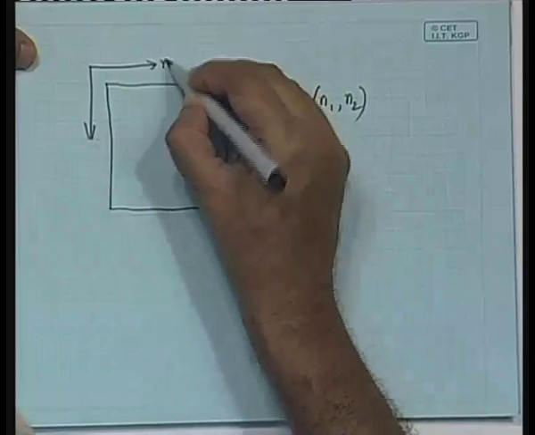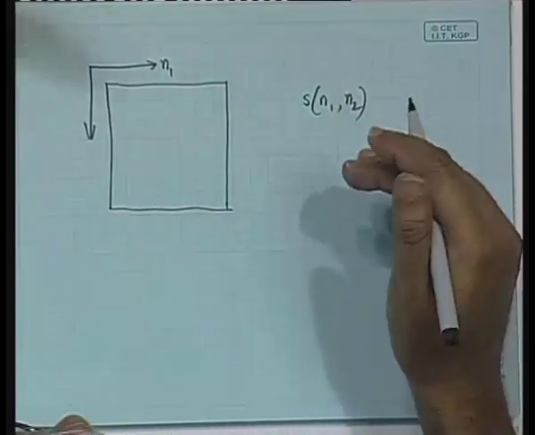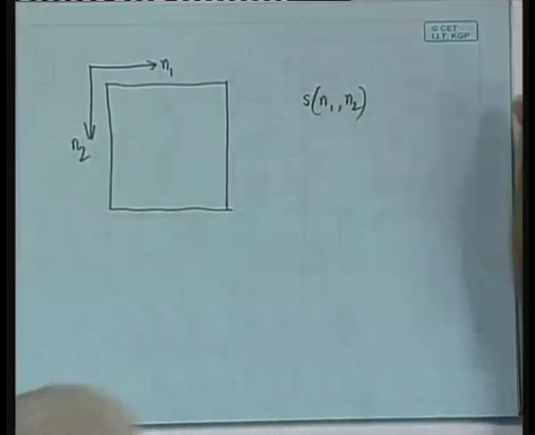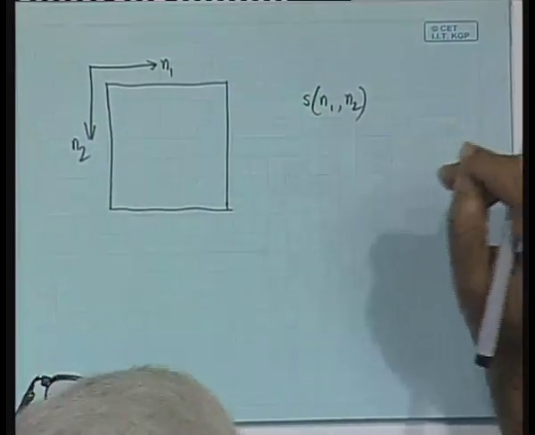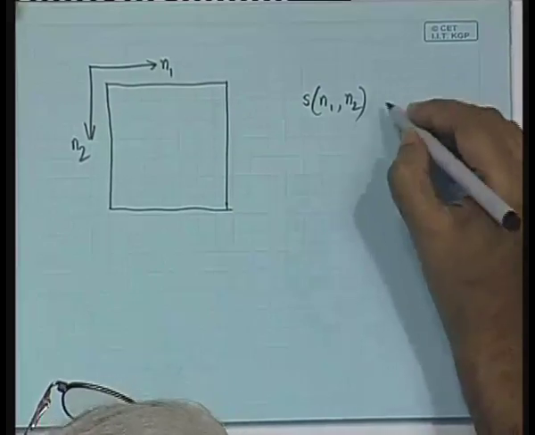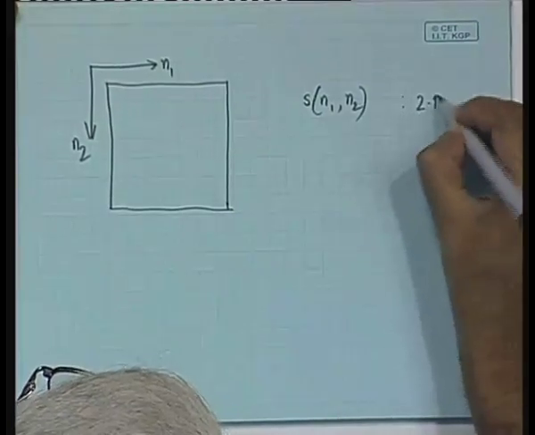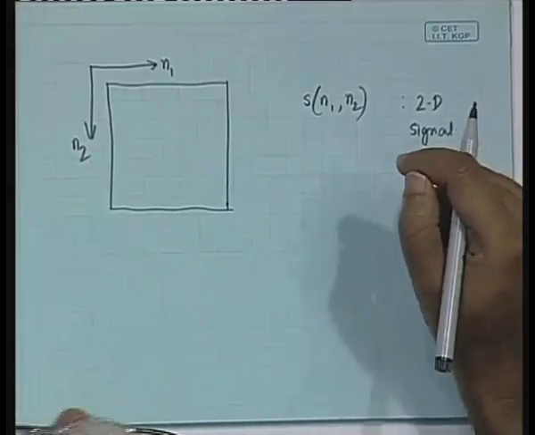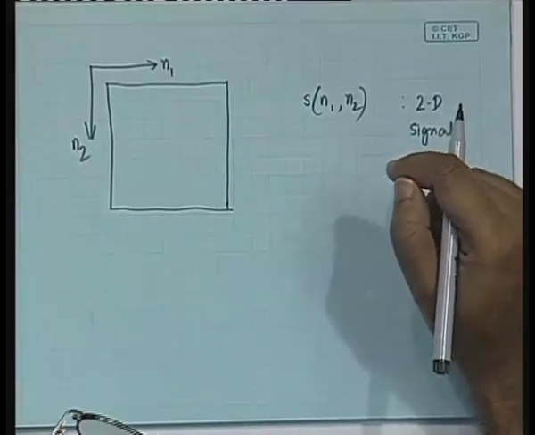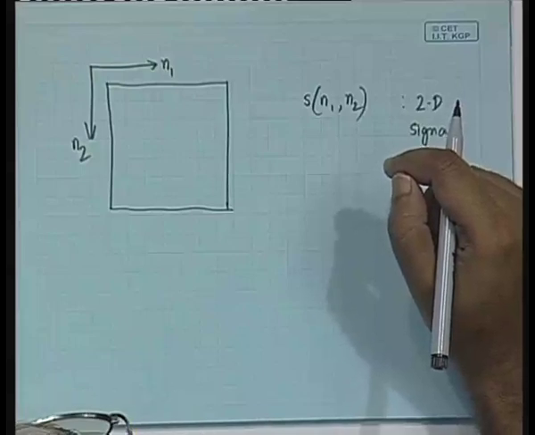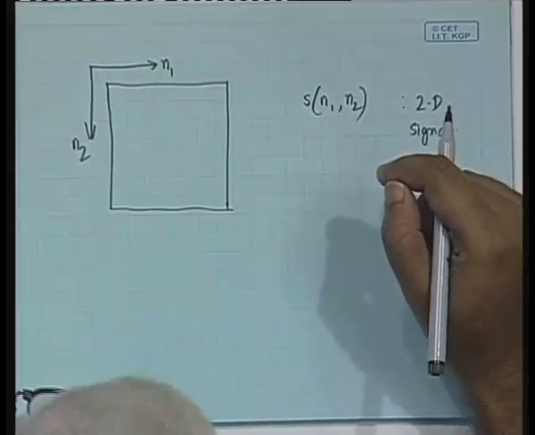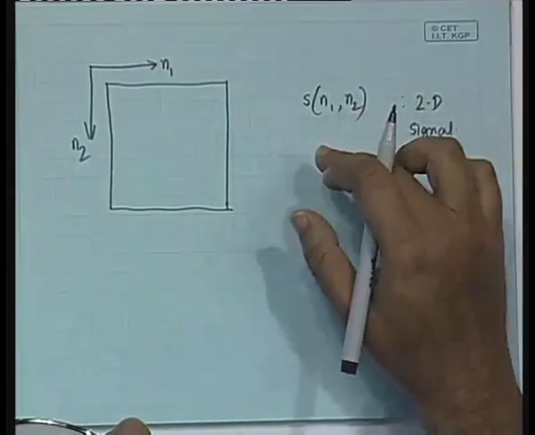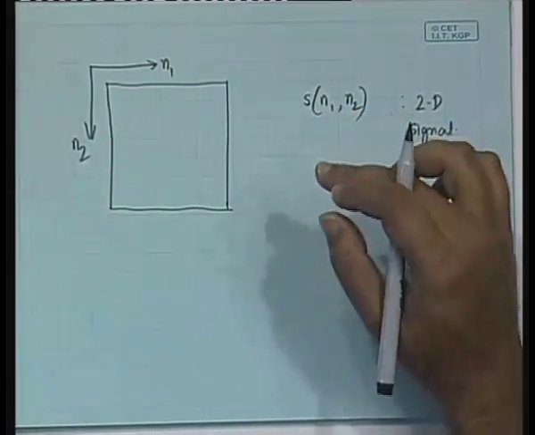This n1 could be in the x direction, and in the y direction we call it n2. So essentially it is a 2D signal. The variability in this case is not with respect to time but with respect to space. The two parameters n1 and n2 are essentially spatial indices.